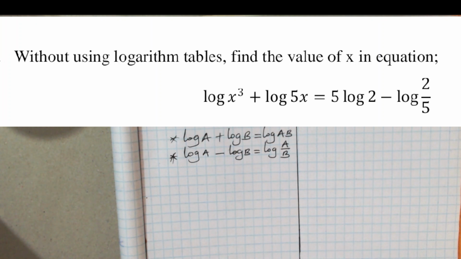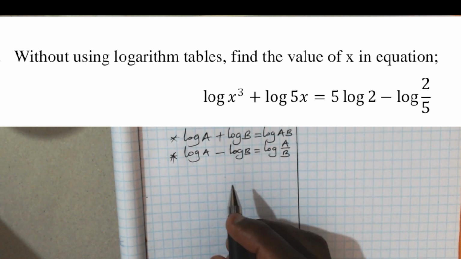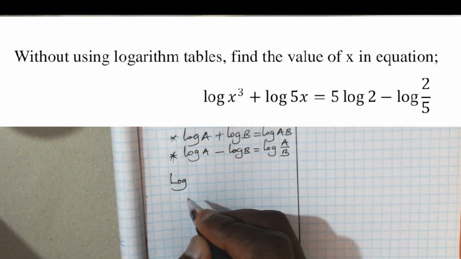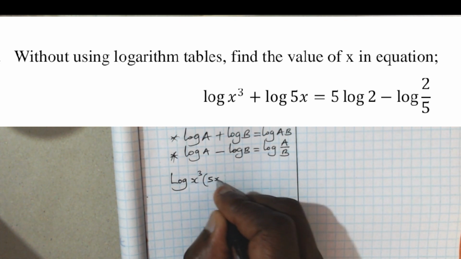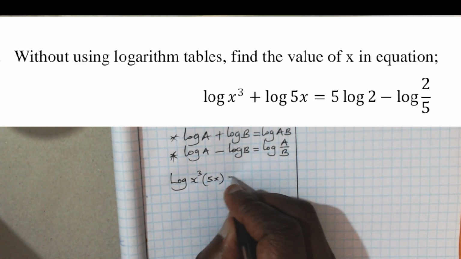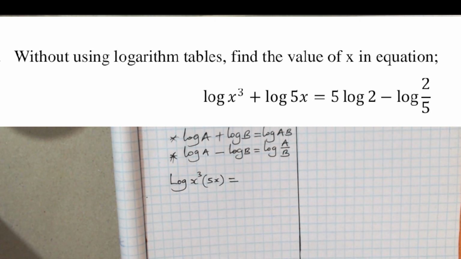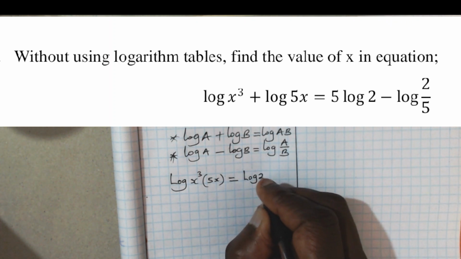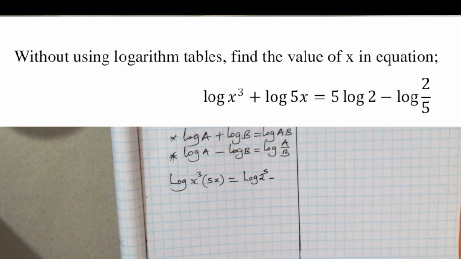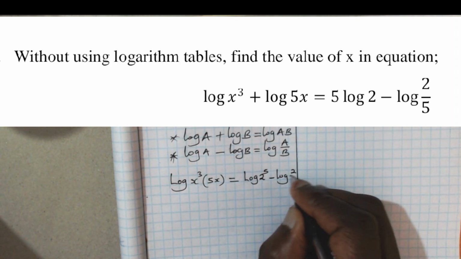So let's go to the left hand side. We can express that in singular logarithm, and using the first law, that will be logarithm of x cubed multiplied by 5x, is equal to, look at the right hand side. 5 logarithm of 2 can be expressed as logarithm of 2 raised to power 5, then subtract logarithm of 2 divided by 5.